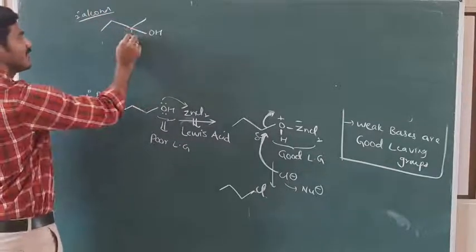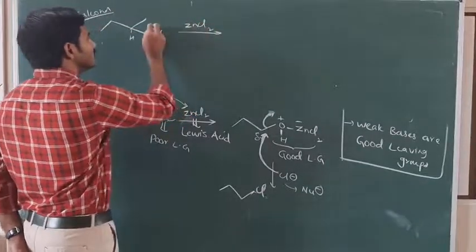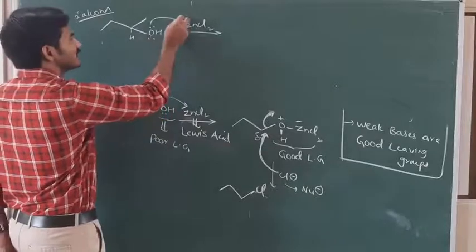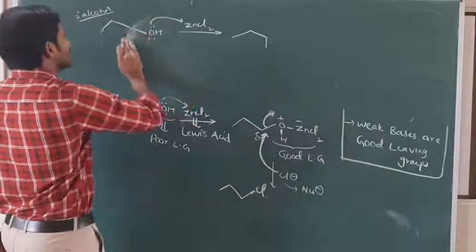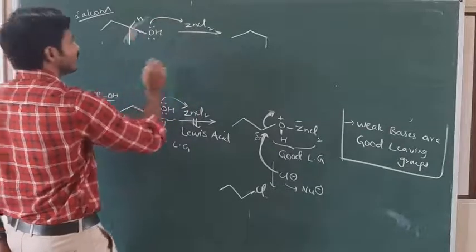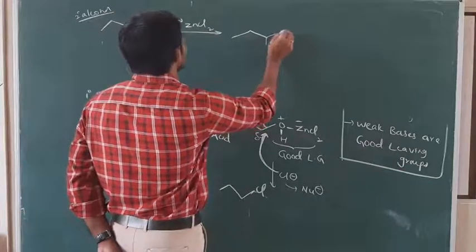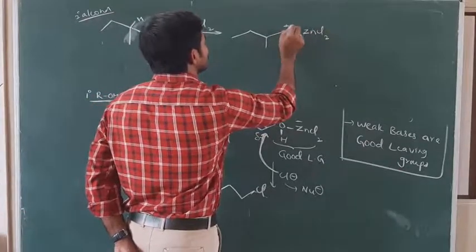This has only one hydrogen. This reacts with ZnCl2, this lone pair of electrons attacks here, and it can form like this, OH ZnCl2 plus minus.